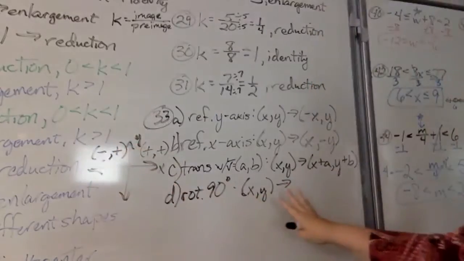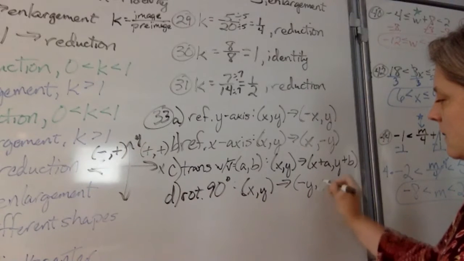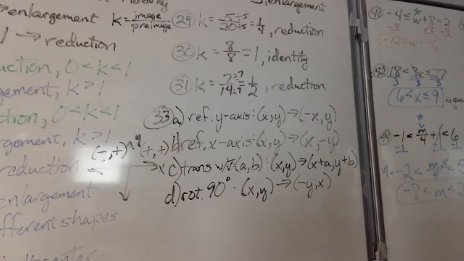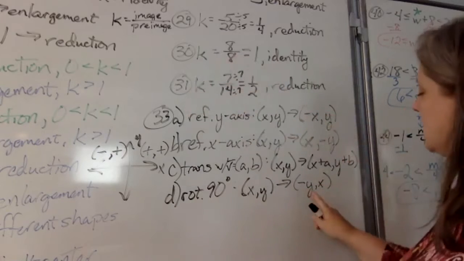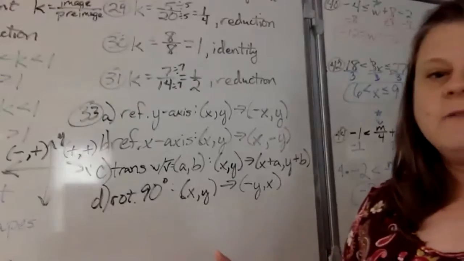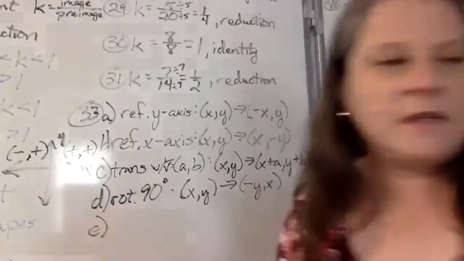So that's what you do for this, but you switch the order, and then you change the sign of what's going to be in the front. So it's going to be negative y and then x. You switch the order of your two coordinates when you're rotating because it's turning it, and then you change the sign of the one in the front. So if it was already negative, it would make it a positive. If it's positive, it makes it negative.